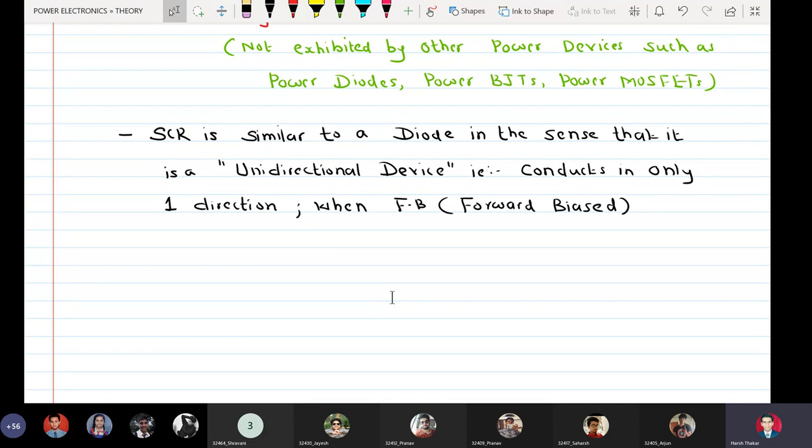That is why SCRs are known as controlled rectifiers, because even though they are in forward bias condition, the duration for which they conduct can be controlled, in the sense that they will not start conducting till a firing pulse is applied at the gate terminal, right?